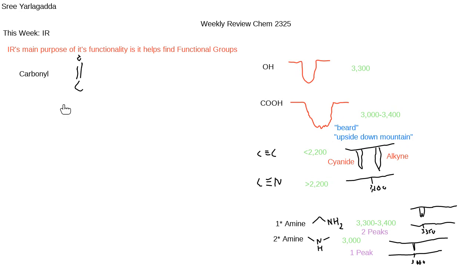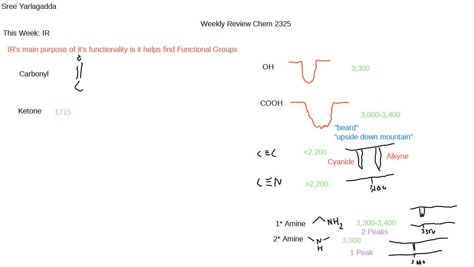And then usually there are R groups on the side, distinguishing it from a ketone, aldehyde, etc. Okay, so I'll go through each of them and explain how they look and what the numbers are. So first, we'll go relatively in order. The first one is ketone, and ketone is going to have roughly around 1715.